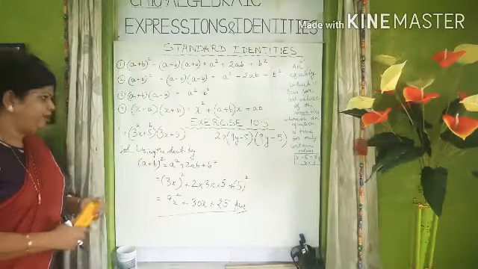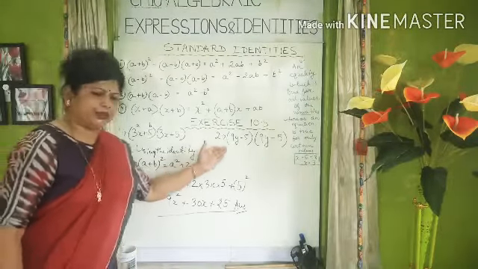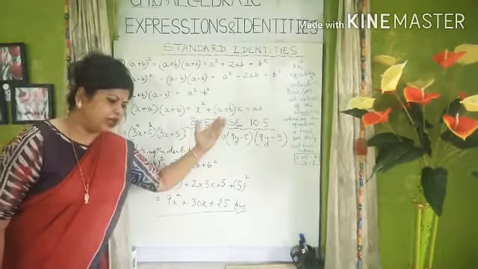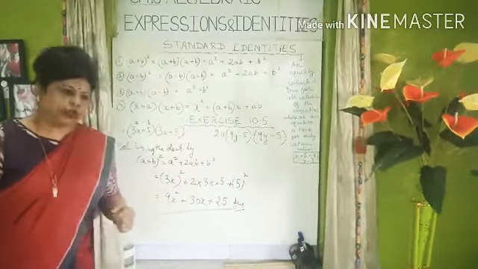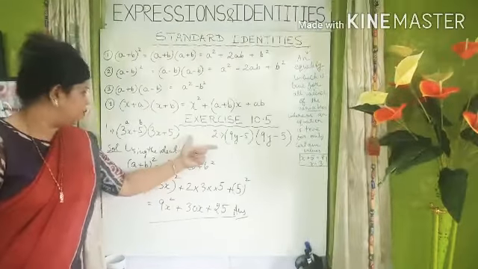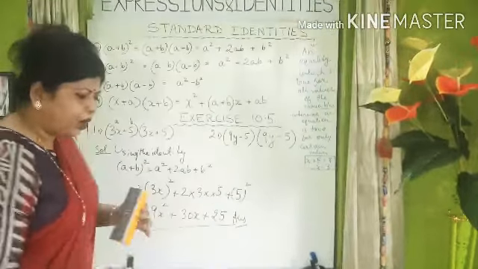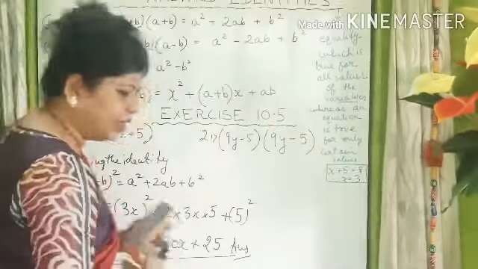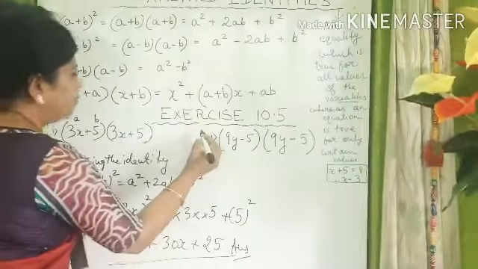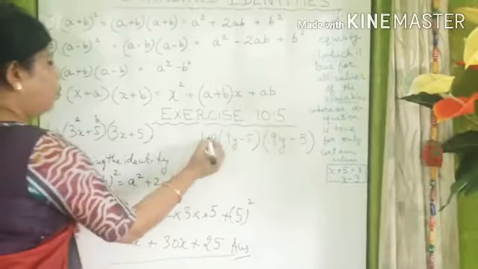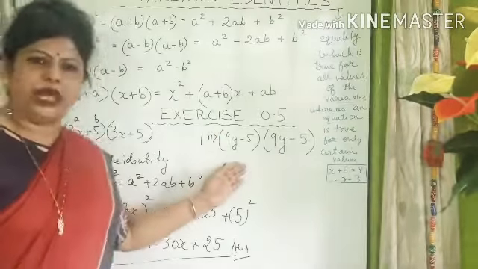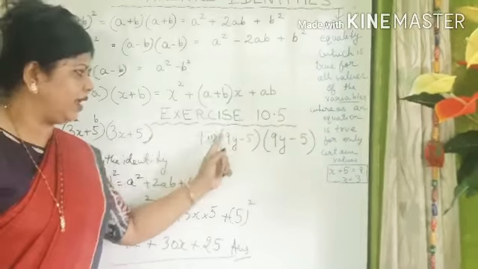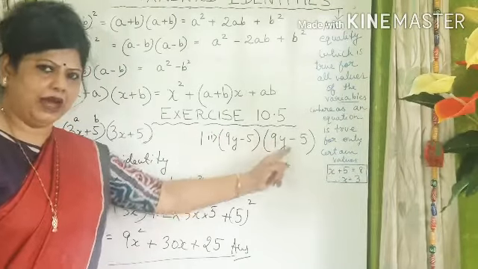Question number 1. Now we come to the second question. Question number 1, the second question, that is (9y - 5) into (9y - 5). So you can see here (a - b)(a - b).